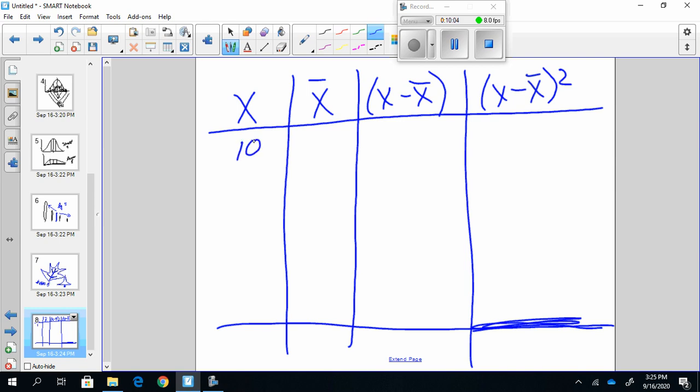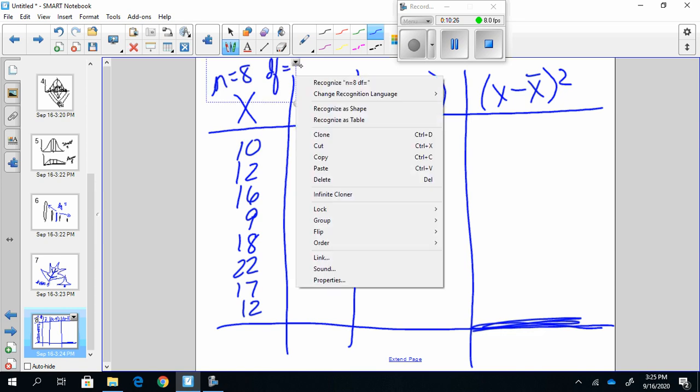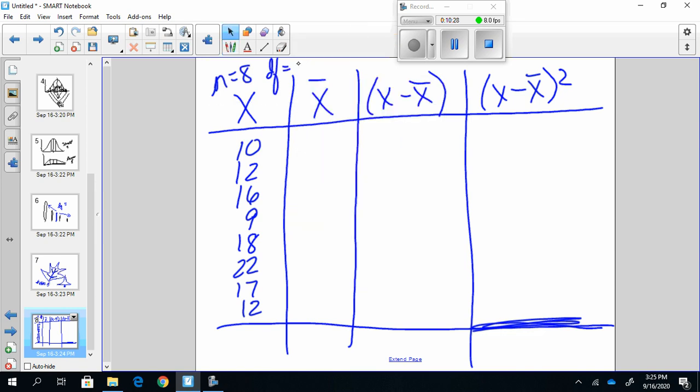So I have these different data points: 10, 12, 16, 9, 18, 22, 17, and 12. So 1, 2, 3, 4, 5, 6, 7, 8. My N is 8, and my degrees of freedom is 7.